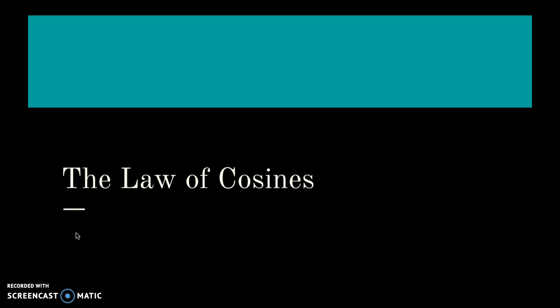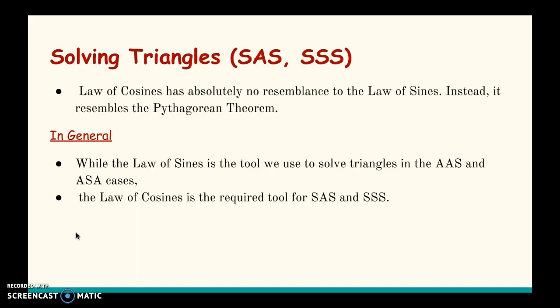But then we're moving on to the law of cosines, and really the major difference is the congruency will be different here. The congruency that we'll be working with for the law of cosines will be one that has at least two sides. So we're talking about either side-side-side or side-angle-side, and this is what I'm referring to. With these triangles, those will be the two congruencies that we're looking at.